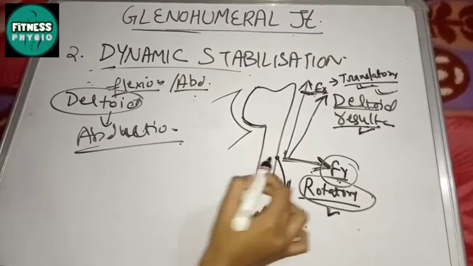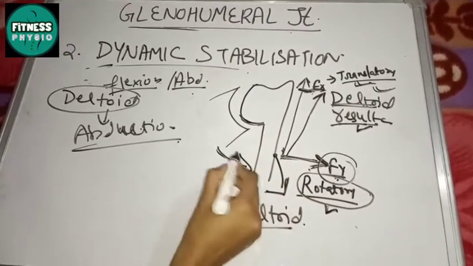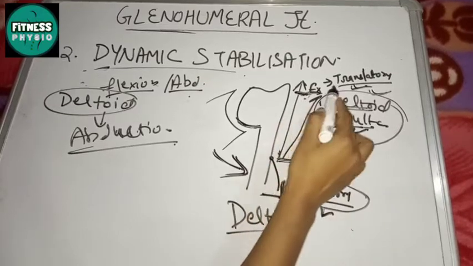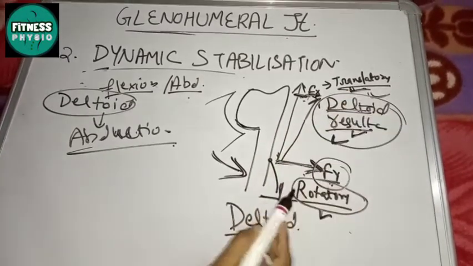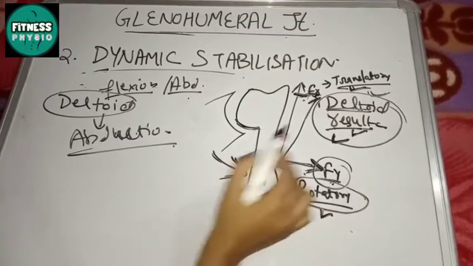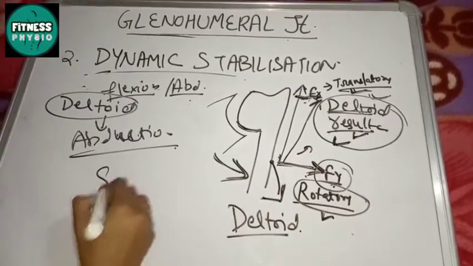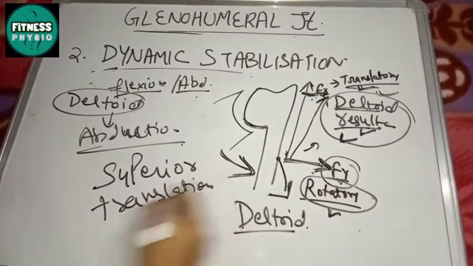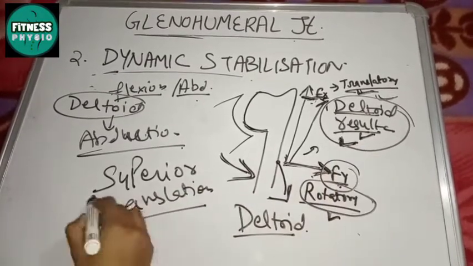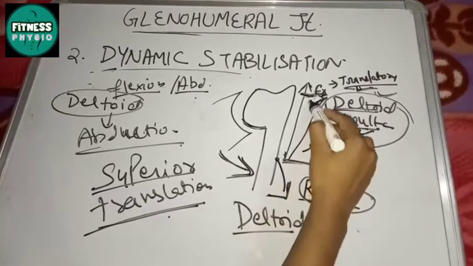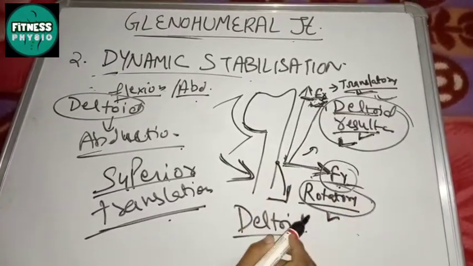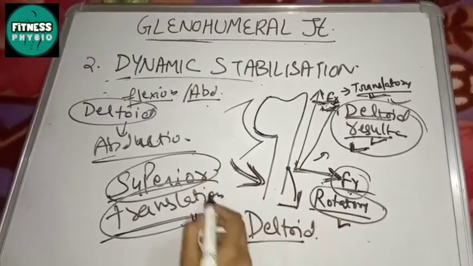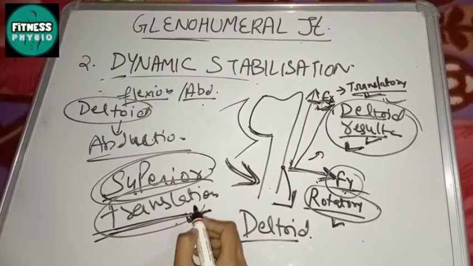So what will happen if you do abduction? Because the fx component is larger than the fy component, the deltoid muscle will create superior translation of the humerus head.